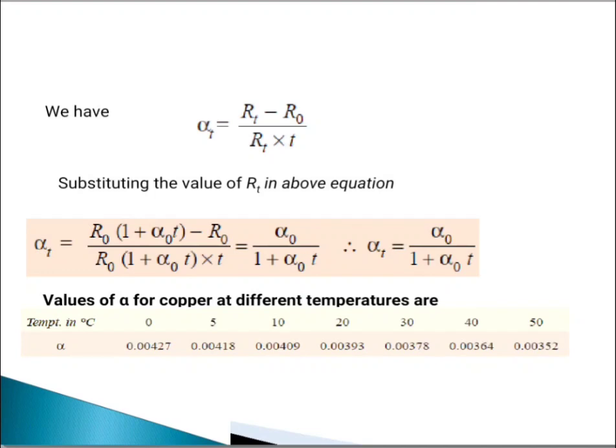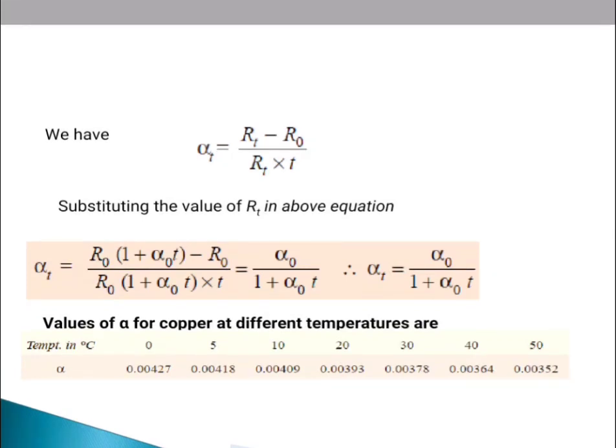Substituting the value of Rt in the above equation, putting the value of R of t in this equation, alpha t is equal to R0 bracket of 1 plus alpha 0 into t, which is the value of Rt, minus R0, divided by, again putting the value of Rt, that is R0 bracket of 1 plus alpha 0 into t.